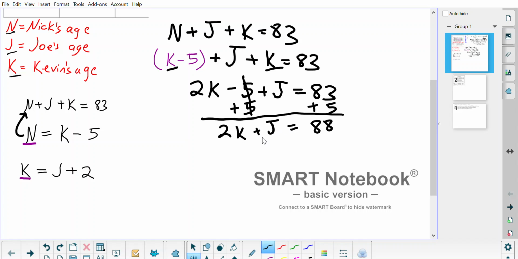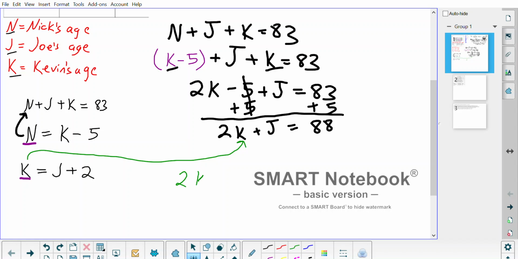So we need to exchange one of the variables for something. Lucky for us, we already know what K is. We had a special code in the very beginning. So K over here, you can replace it with that K. So instead of writing 2K plus J, let me just rewrite over here.